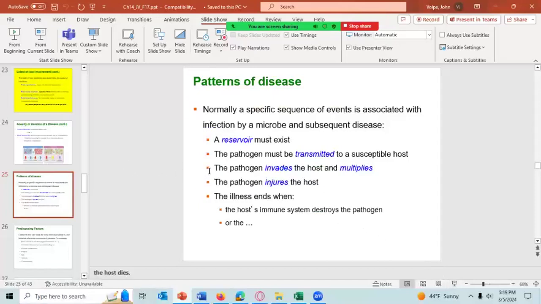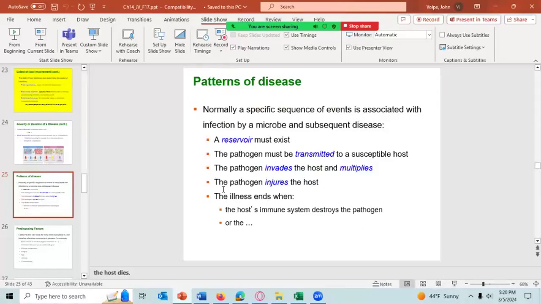All right, let's talk about patterns of disease. Normally, a disease follows a specific sequence of events associated with an infection by a microbe, and then the subsequent development of disease. First, the disease has to come from a reservoir. So a reservoir must exist where the disease comes from.